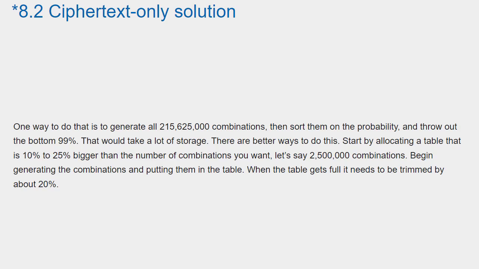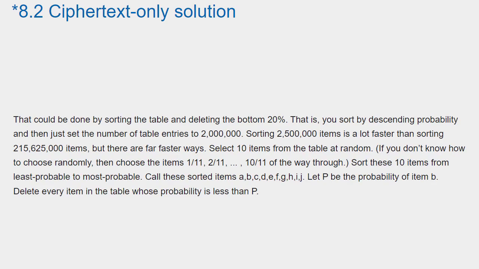Let's say 2,500,000 combinations. Begin generating the combinations and put them in the table. When the table gets full, it needs to be trimmed by about 20%. This could be done by sorting the table and deleting the bottom 20%. That is, you sort by descending probability and then just set the number of table entries to 2 million.